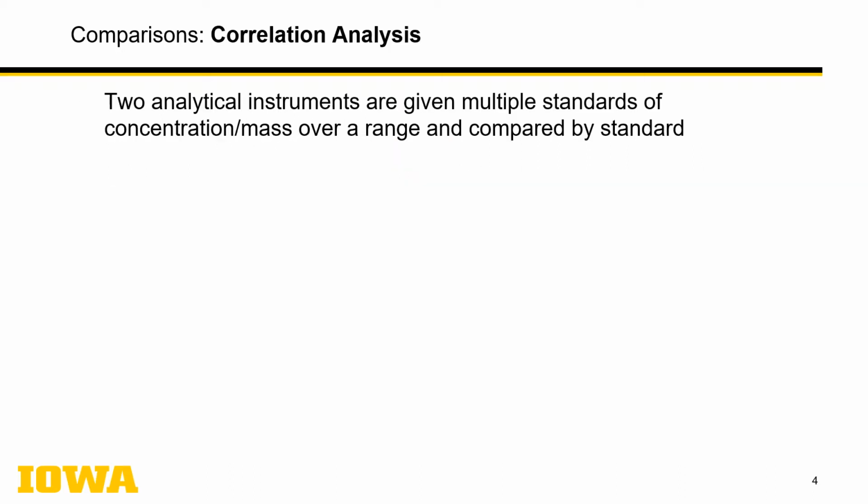Okay, another possible method is to utilize the information given in Module 4 when you're dealing with correlation. You say, oh, that's right, the output of these two instruments should be highly correlated. So if you give low amounts and increasing amounts to both, they should fall on what you can imagine is the one-to-one line.